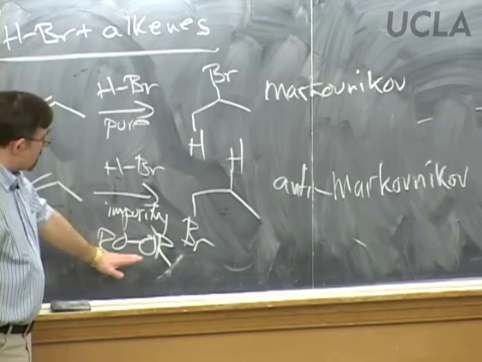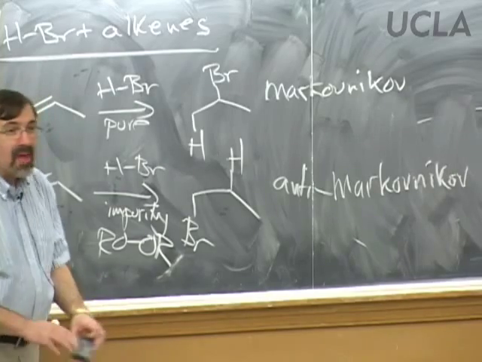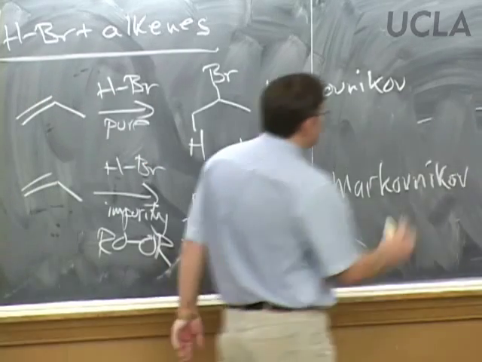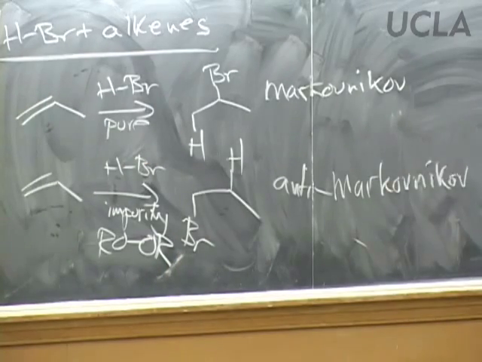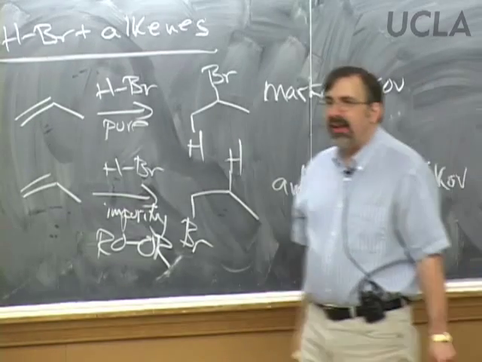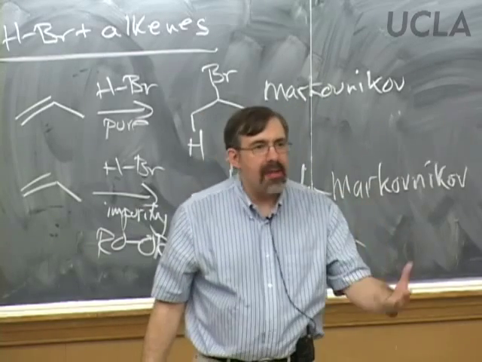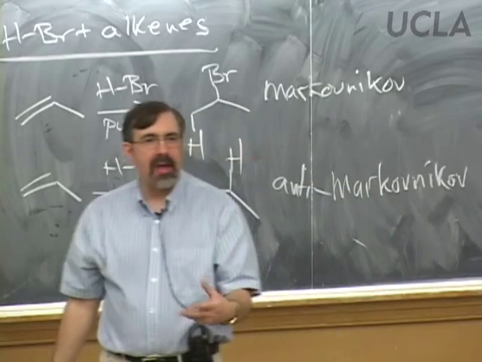All right, so let's talk about the mechanism of this process, and in that we can talk about what Kharasch and Mayo did that was much more important. First of all, they figured out that this was a radical process, and they did it by adding things that were known to inhibit the formation or propagation of radical chains.